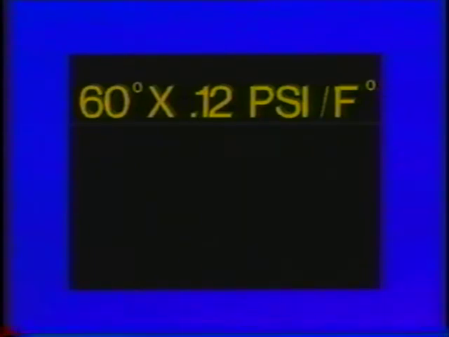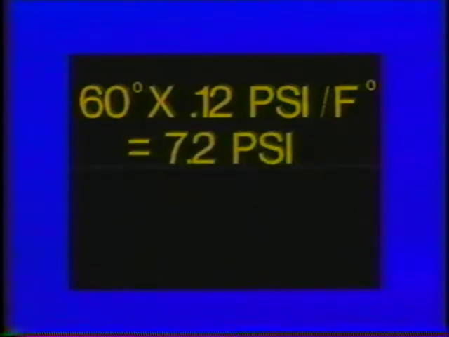For each degree above the bottom of the range, we should have 0.12 psi. So we can multiply 0.12 times the temperature difference between the bottom of the range and the actual sensed temperature. Since the bottom of the range is 0, and the difference between 60 and 0 is 60, we find that 60 degrees times 0.12 psi for each degree equals 7.2 psi.